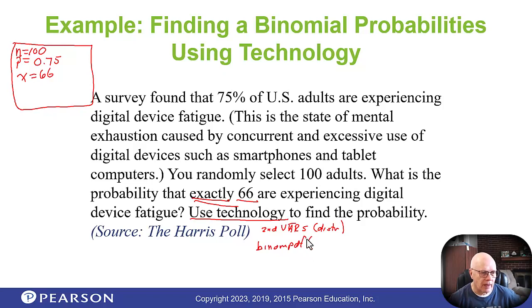And n goes first. That's 100. We put that up here so we can easily see it. We don't have to read through this whole thing and find out what n is. Next goes the probability, 0.75. And then which result are we interested in? Getting exactly 66.